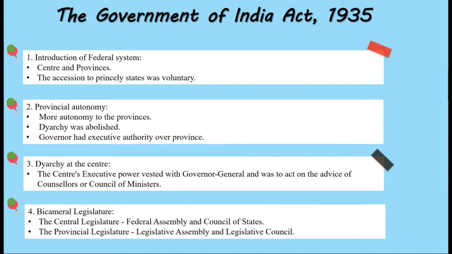C. The Governor General dealt with matters like tribal areas, defense, external affairs on the reserved list with the help of 3 councillors who were appointed by him but were not responsible to the legislature.